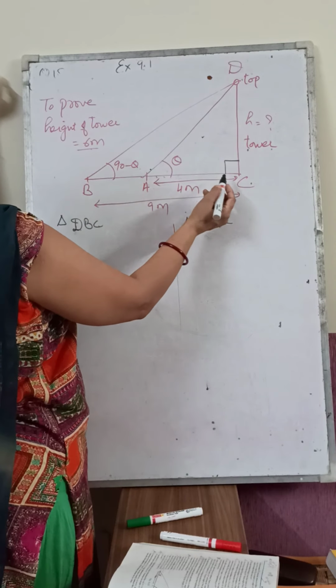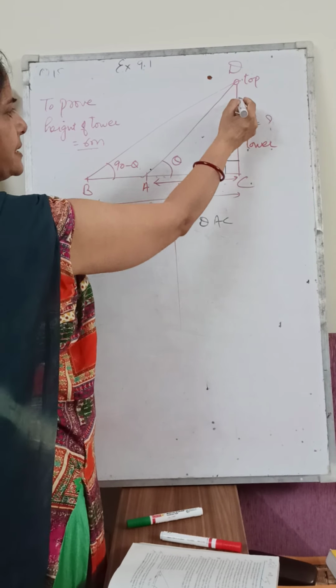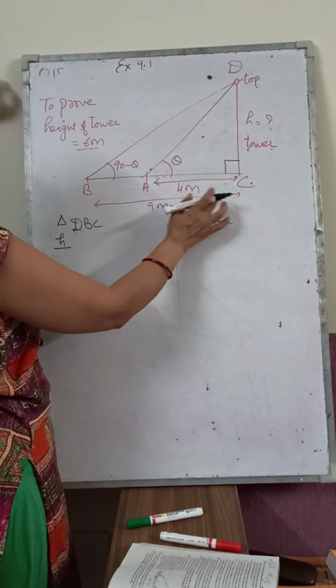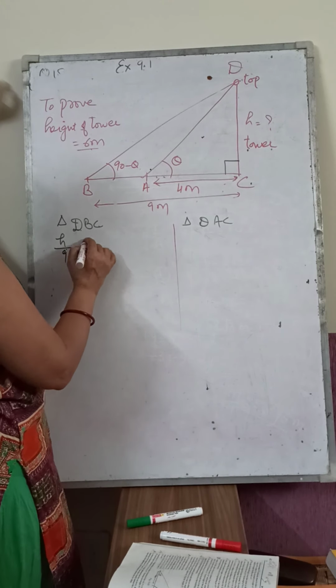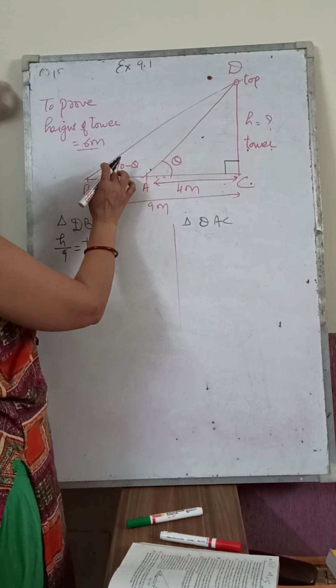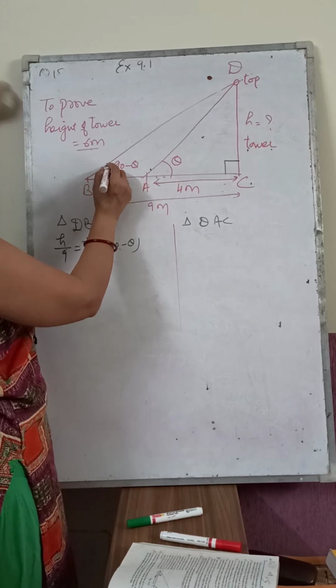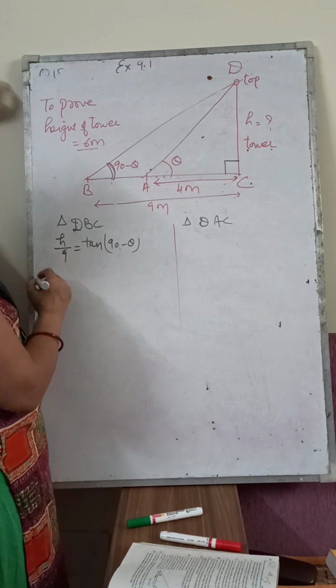In DBC triangle, perpendicular is H, base is BC, 9, and the angle is 90 minus theta.